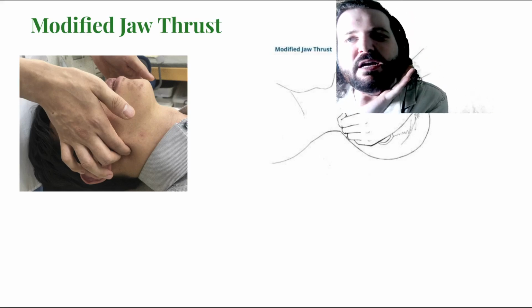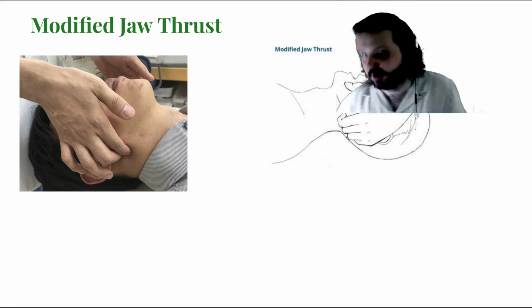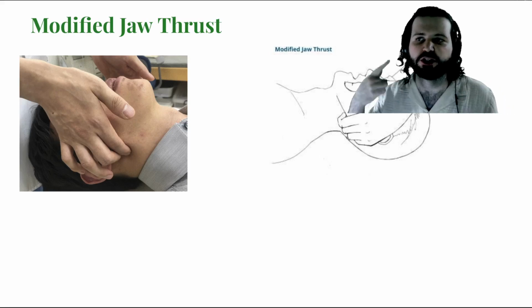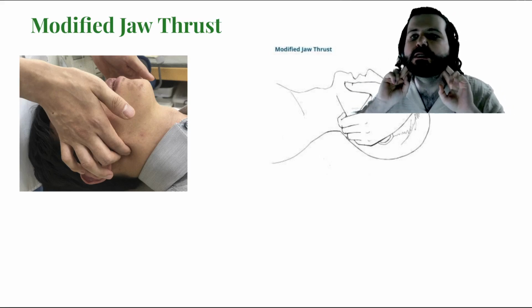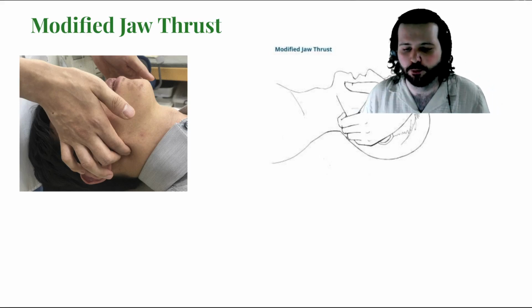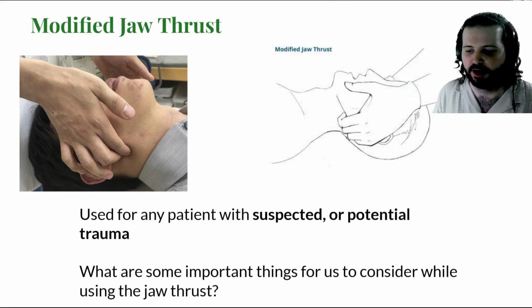We're trying to give them an underbite, like a bulldog. We're trying to lift that jaw away from the back of their throat to relieve some of that pressure without moving their C-spine. So we push forward, give them that underbite, and it will open the back of the airway without us moving their spine. So this is only used for trauma patients, right?